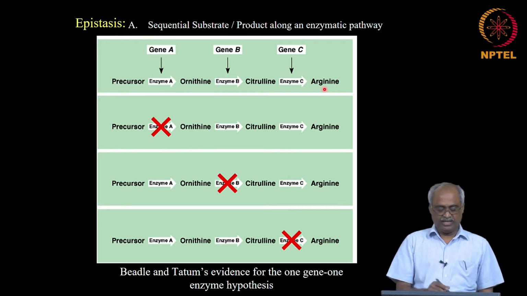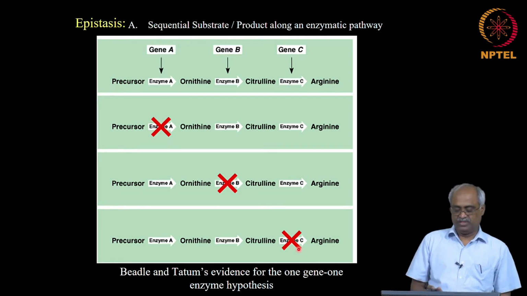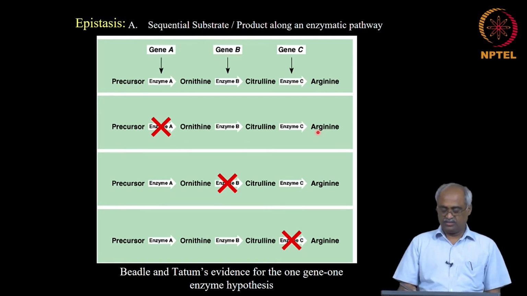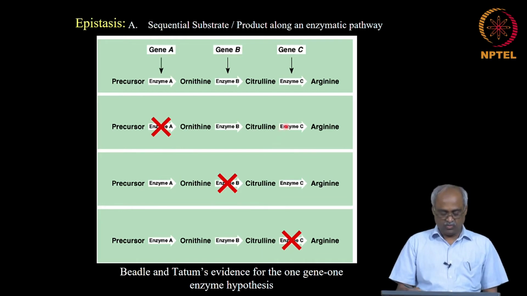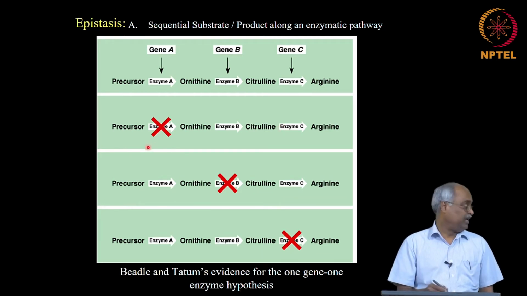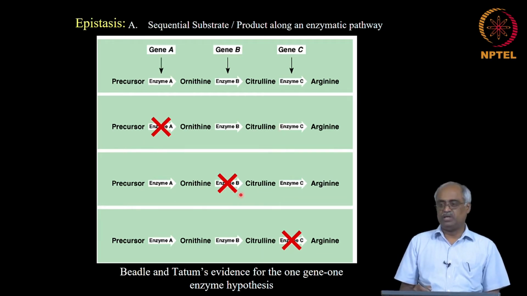But let us say you have 3 steps here and enzyme A is mutated, then that would grow only if you provide ornithine or citrulline or arginine, precursor will not be enough, and so on for the other 2 mutations. So, now let us look at mutation 1 and 2, like enzyme A not being there or enzyme B not being there.